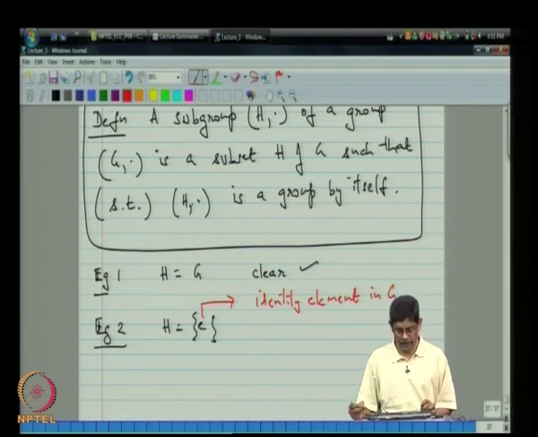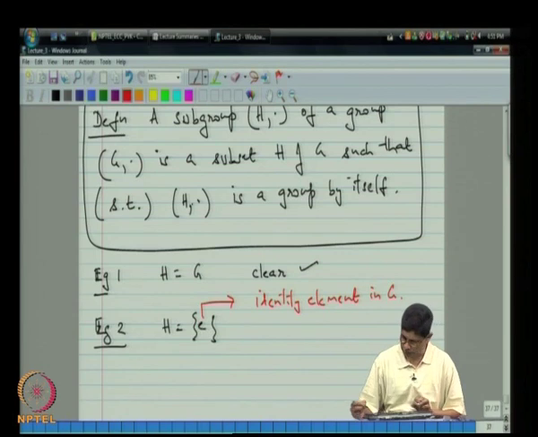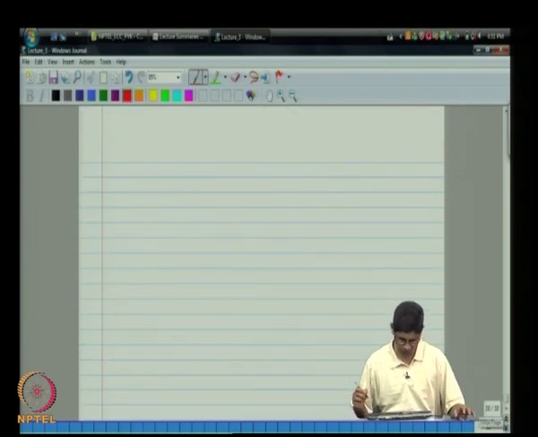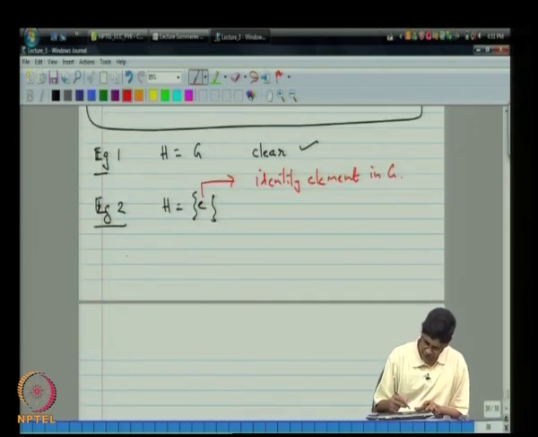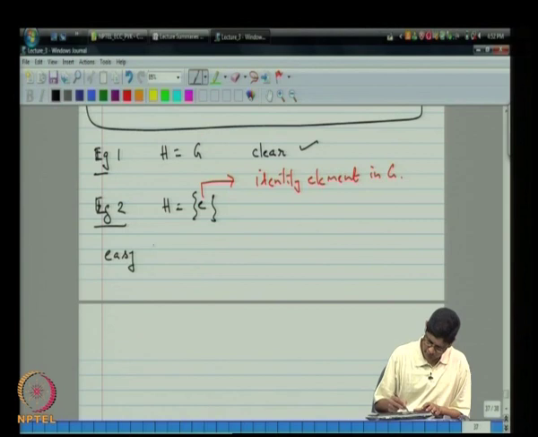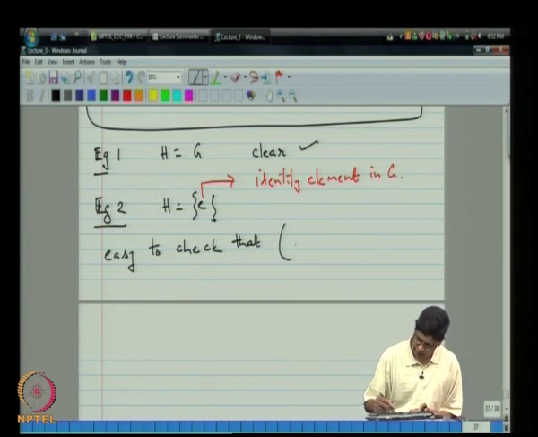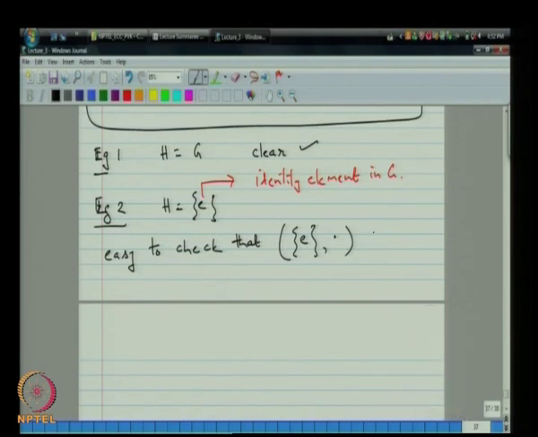And it is easy to check that this is a subgroup.